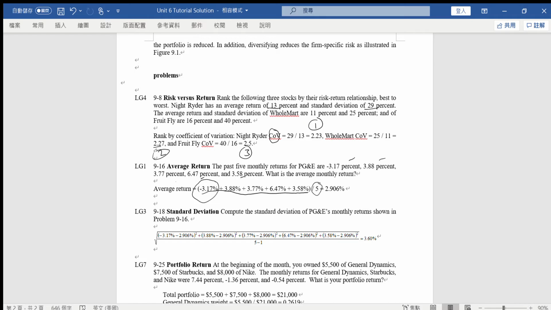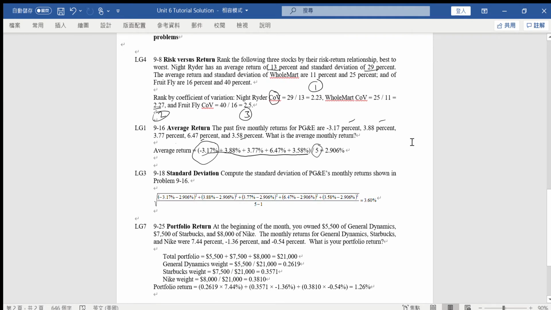Now we look at the second question, which asks you to compute the standard deviation of the same company, PGE. We have already worked out the average, right? So every figure minus the average, squared, then add them up, according to the standard deviation equation, and divide by n minus 1.